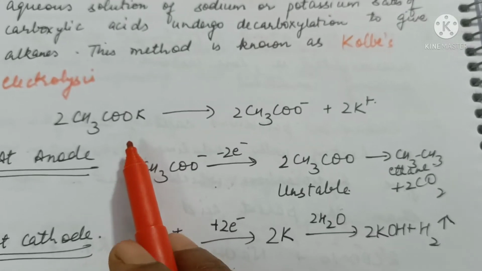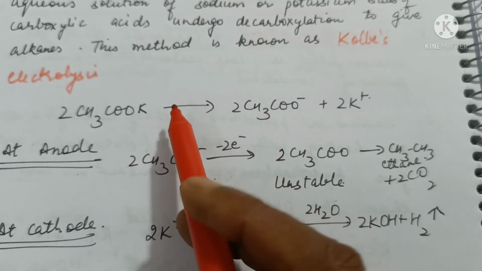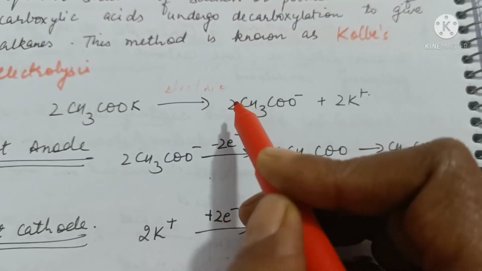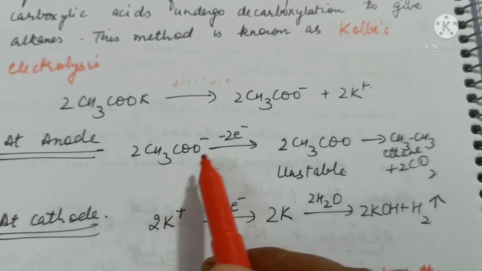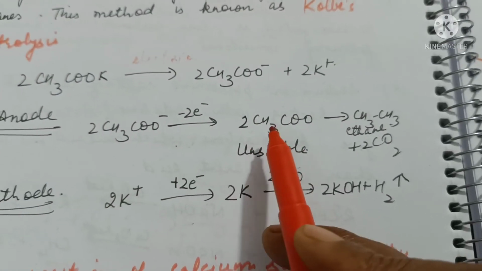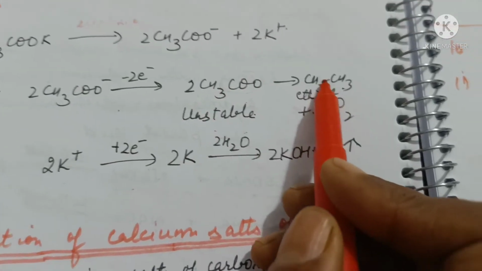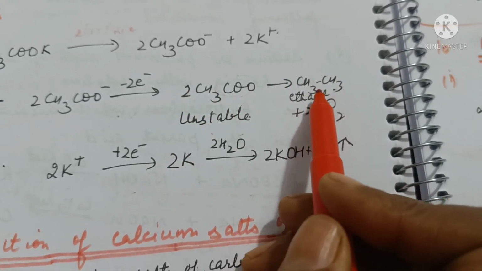For example, when electric current is passed through potassium acetate, it decomposes into acetate ions and potassium ions. At the anode, acetate ions lose an electron to form acetate radicals, which are unstable, so they give off carbon dioxide, forming methyl free radicals. Two methyl free radicals combine to form ethane.